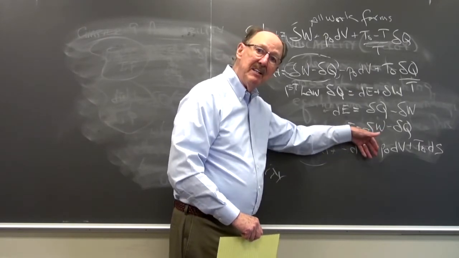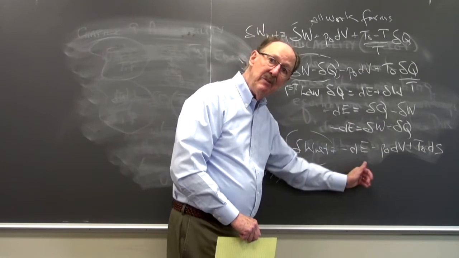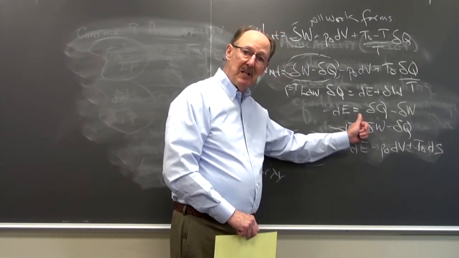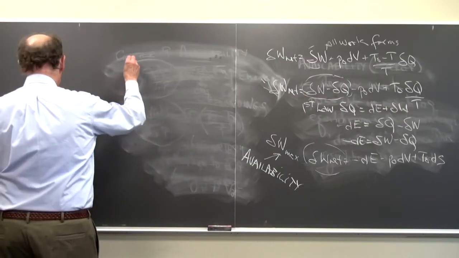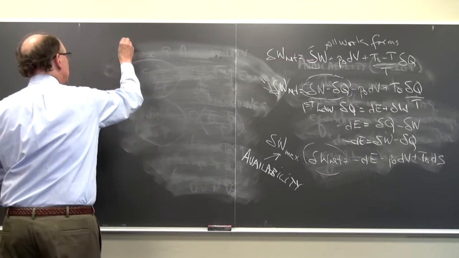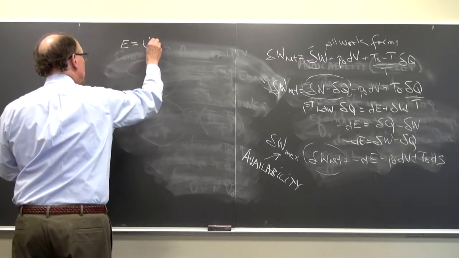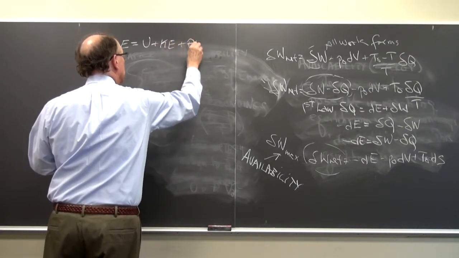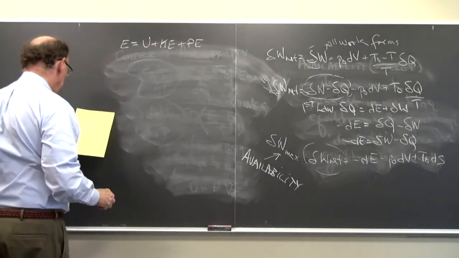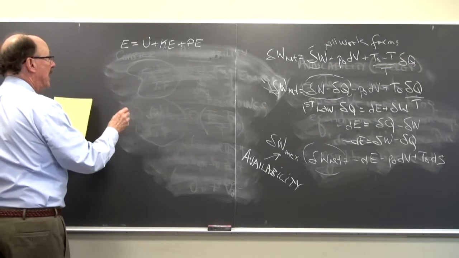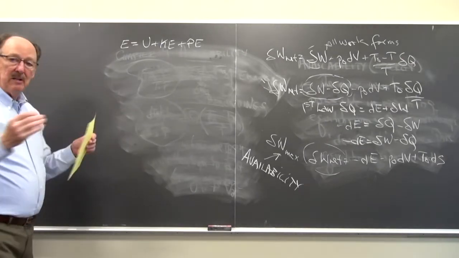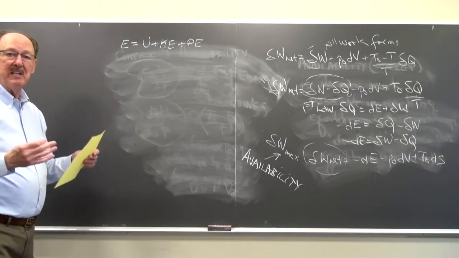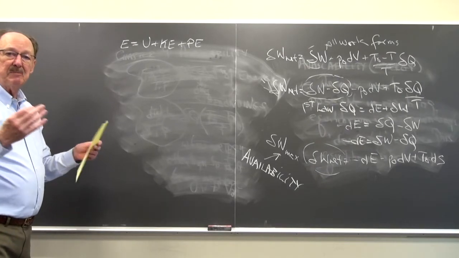So as the change of the energy goes down, the work availability goes up. So then, if I use our definition of E is equal to U plus KE plus PE, now we can come up with an expression for the availability of a system at a given state.